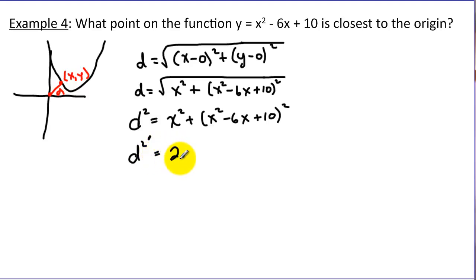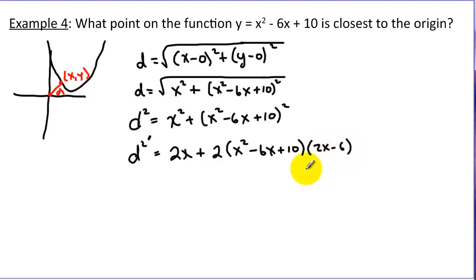And we get here 2x. And now I'm going to use our generalized power rule here to take the derivative of that. And now we've got to multiply by the derivative of what's inside, using the chain rule.